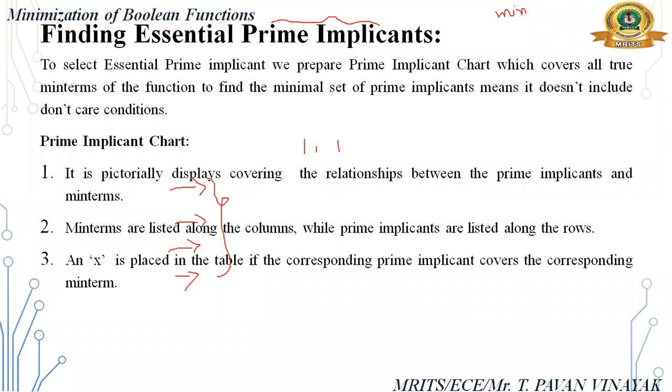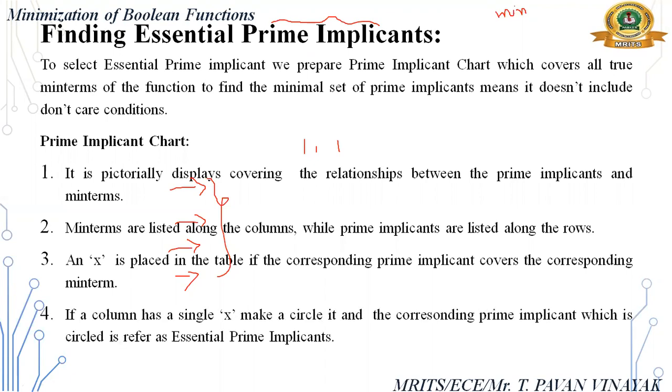After placing X marks, check column wise for every minterm. Is any single X available in that column? Put a round mark. Those round marked prime implicants are considered as essential.